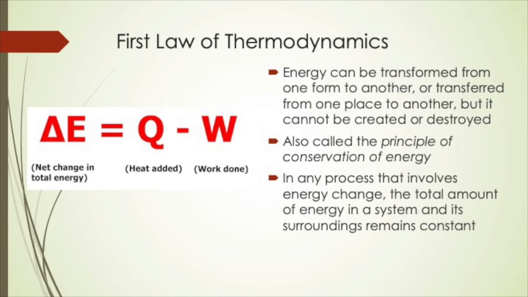That's an isolated system. So the first law of thermodynamics: energy can be transferred from one form to another, or from one place to another, but it cannot be made or destroyed. Right? Energy itself can't be made or destroyed in our context of biology.